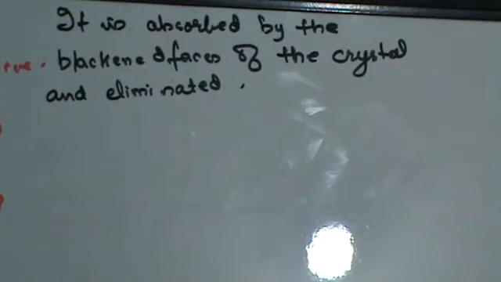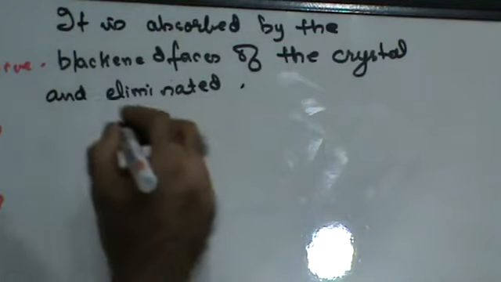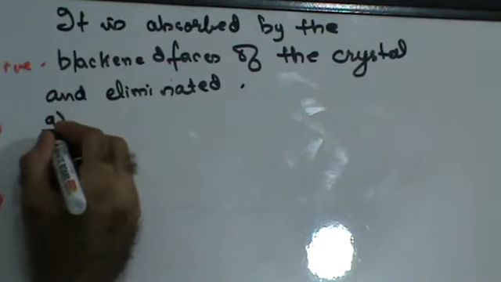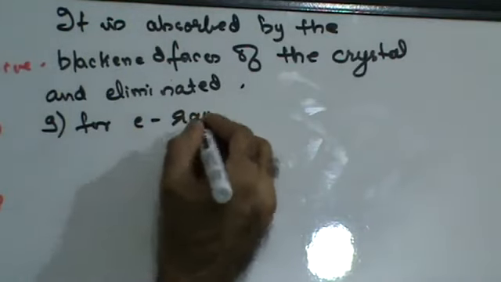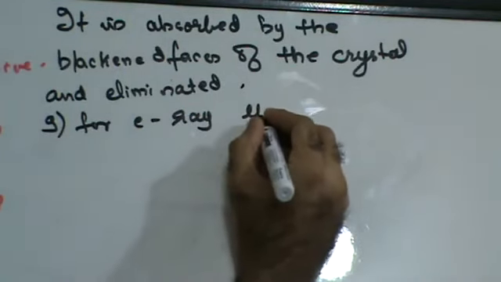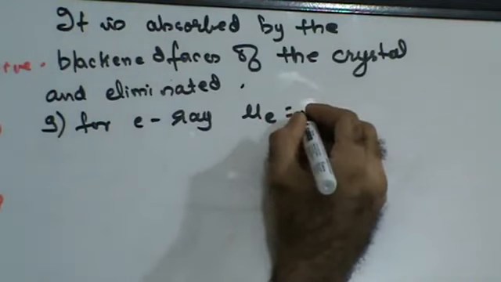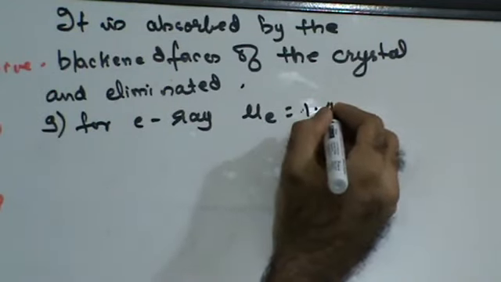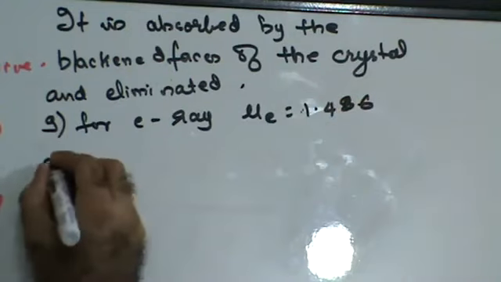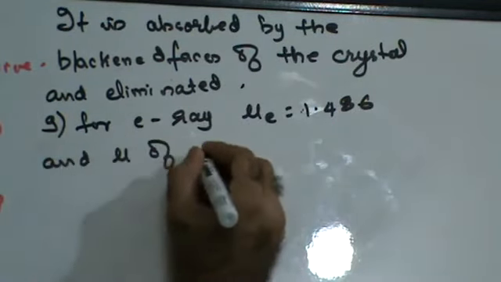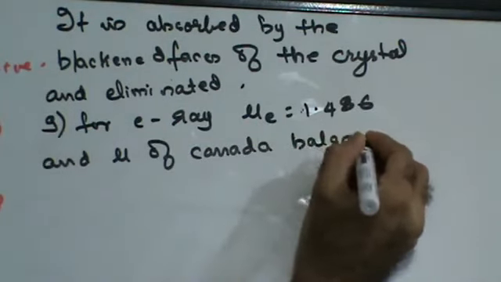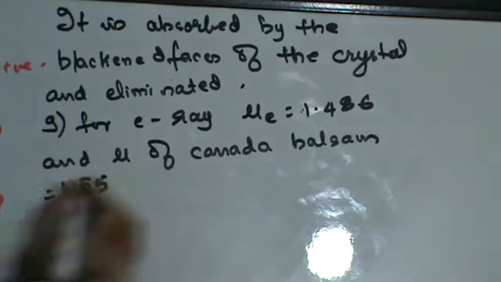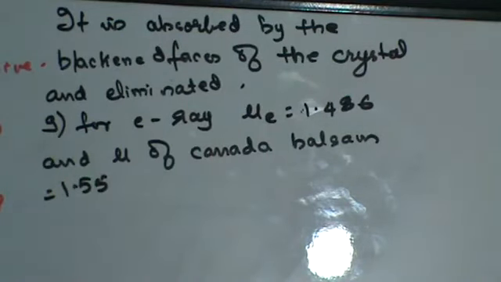Now let's see the extraordinary ray. Now for extraordinary ray, the refractive index of the crystal is 1.486, and the refractive index of Canada balsam is 1.55, right? That means it is going to pass from a rarer medium to a denser medium.